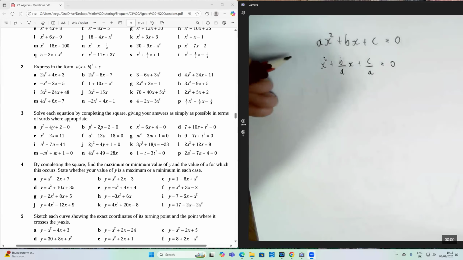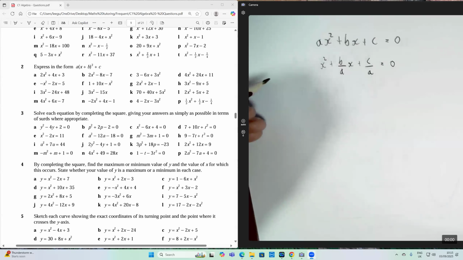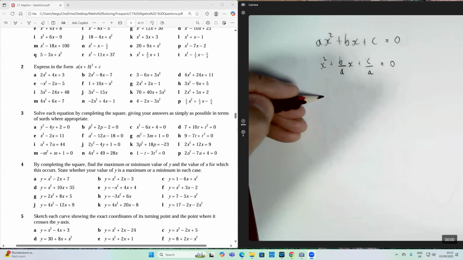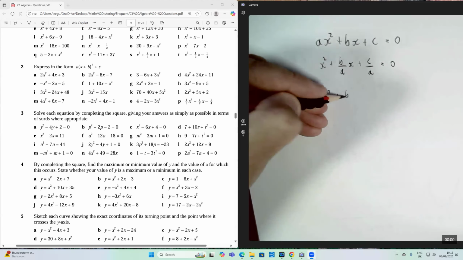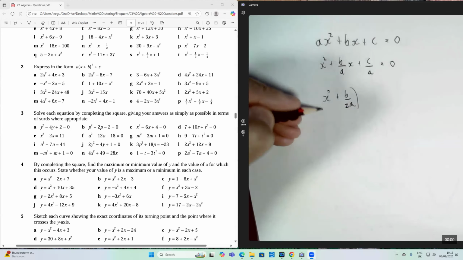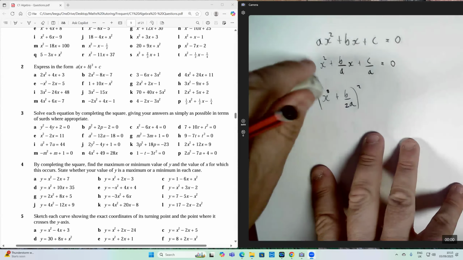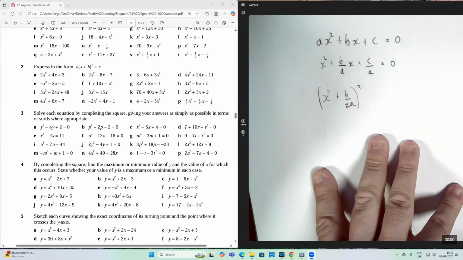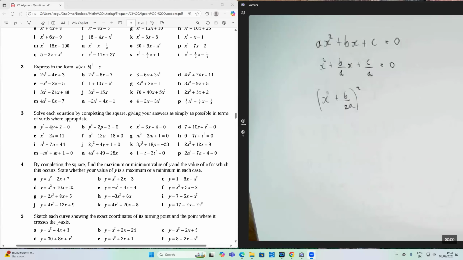I'm now going to complete the square, and you remember that we halve the number in front of the x. So I'm going to say x plus b over 2a in brackets, all squared.